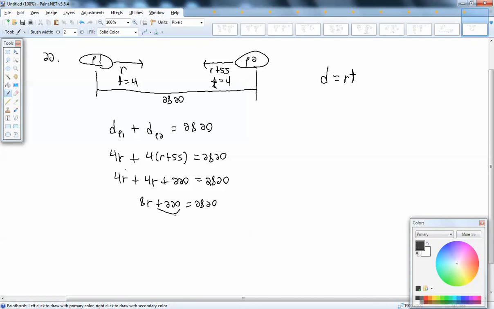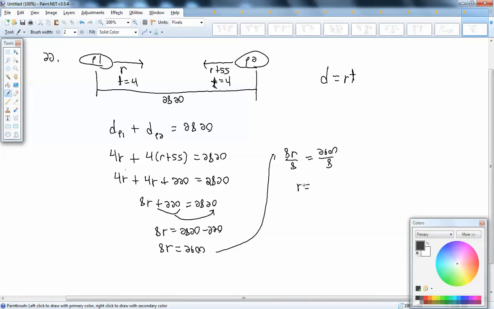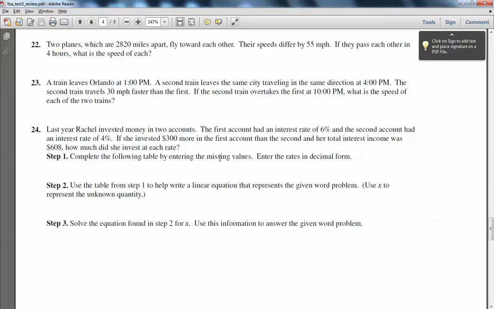And I want to get r's by itself and numbers over on the other side, so take 220 over, and let's see what that gives us. 2,600. Then divide both sides by 8. 325.